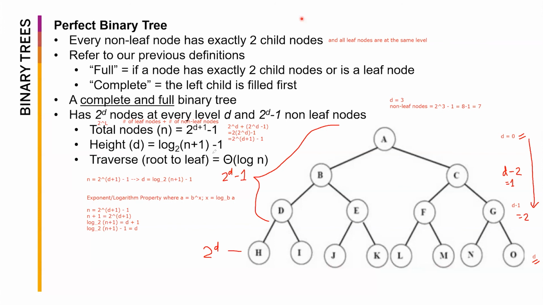If d is the farthest level, then it should be our value for height as well. If we want to isolate d, we use this property to extract it. So from n equals 2 raised to d plus 1 minus 1, we arrive at d equals log base 2 of n plus 1, minus 1.